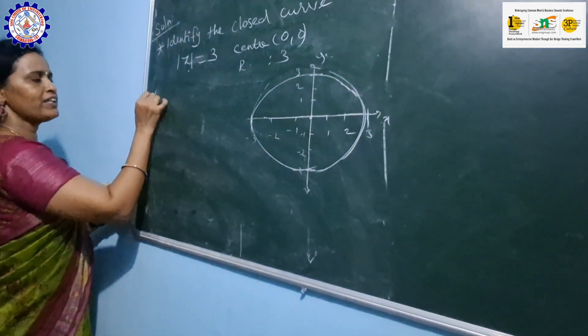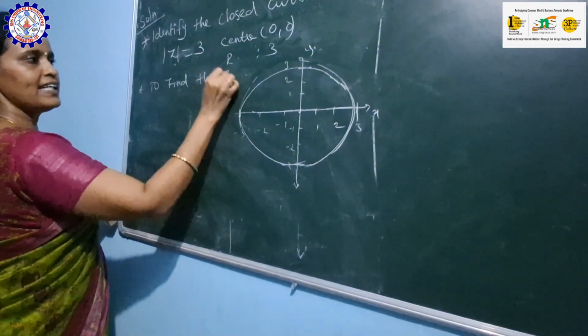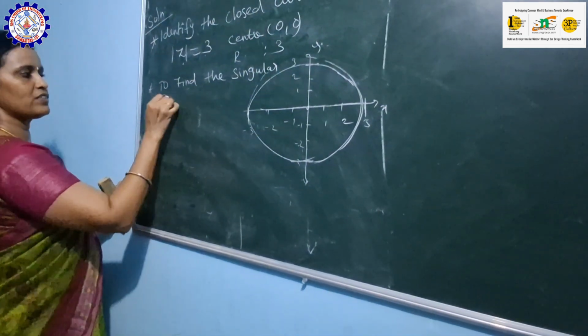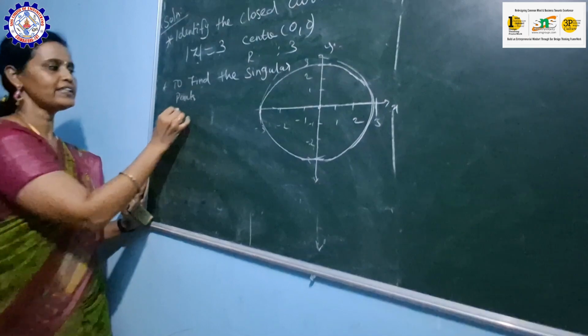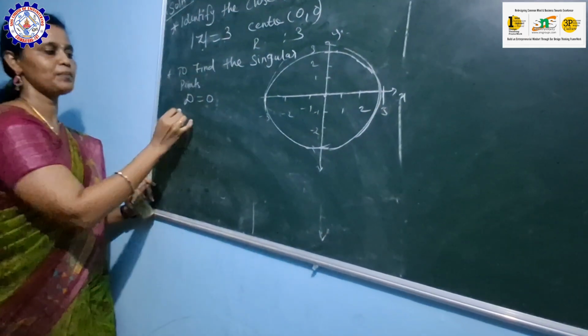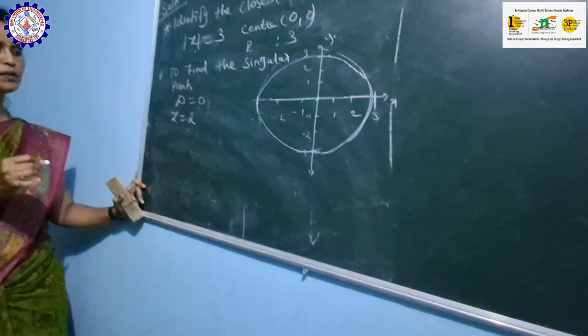Second step, find the singular points. To find the singular points, just equate the denominator to 0. Here our denominator is z minus 2. Clearly z equal to 2 is our singular point.